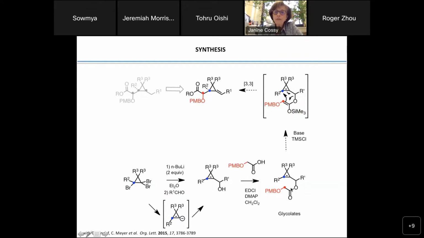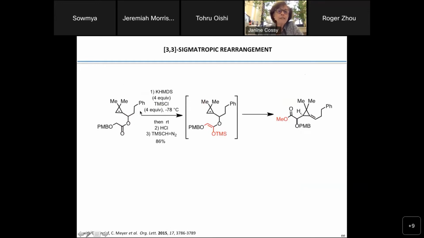Now we have to transform this compound to this intermediate that will be the precursor of this cyclopropane having an exocyclic double bond. For doing this, we treated this cyclopropane with KHMDS in the presence of TMSCl. Probably you have the formation of this cyclopropane having this double bond here with the Z configuration due to the presence of these two oxygens that can complex the potassium.